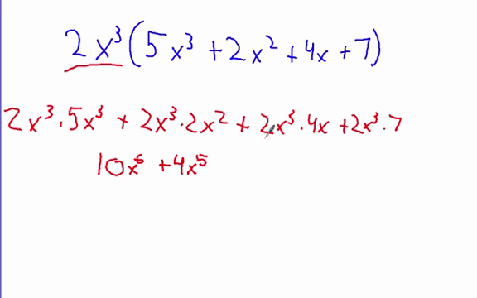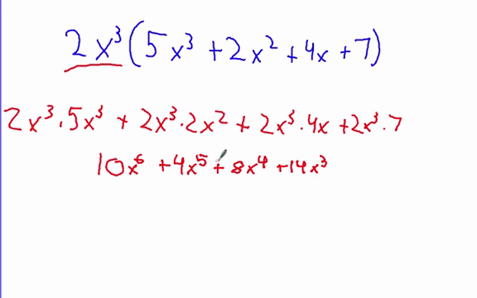Our third term, 2 times 4 gives us 8. x cubed times x is x to the 4th power. And then our final term, 2x cubed times 7. 2 times 7 is 14. There is no variable, so x cubed stays x cubed.